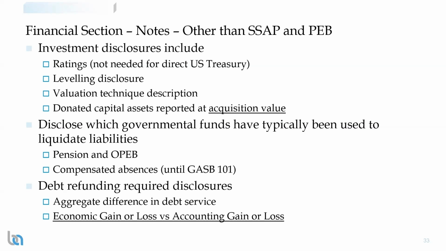So you may have an economic gain, which will always be the case, but you may have an accounting loss, and that's just based on how those par values are determined based on the interest of each debt, and also premiums and so forth. So it's not unusual that you may have an economic gain, but you have a deferred loss on refunding.